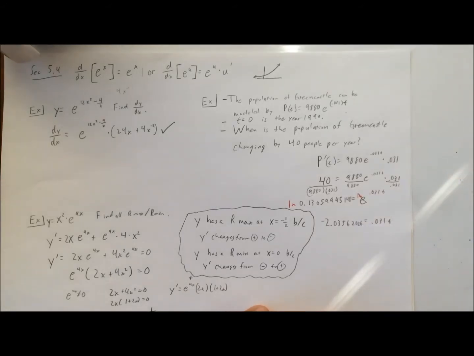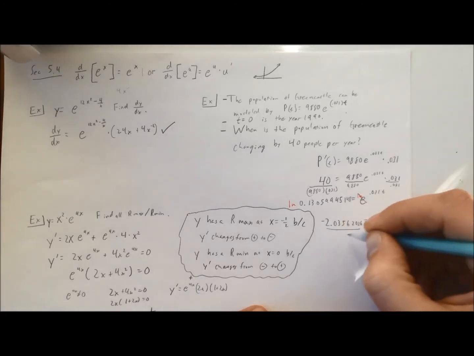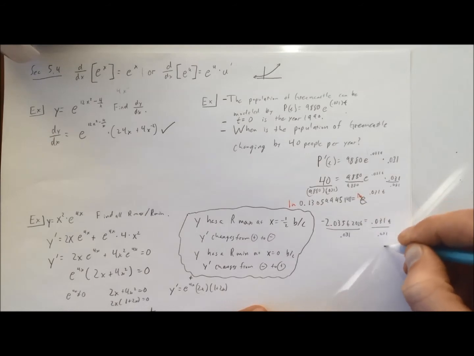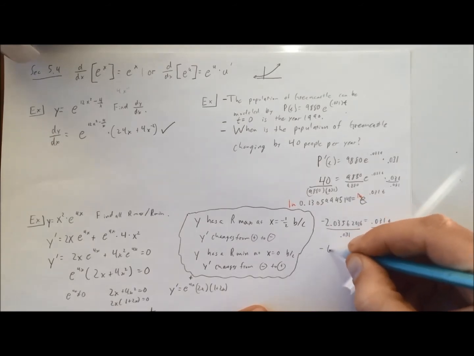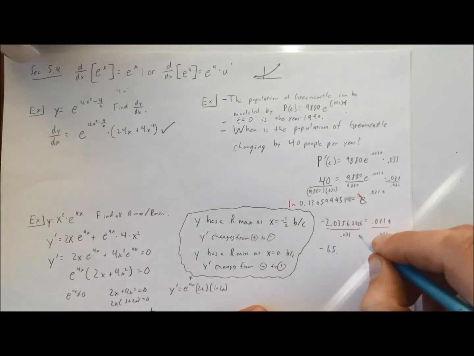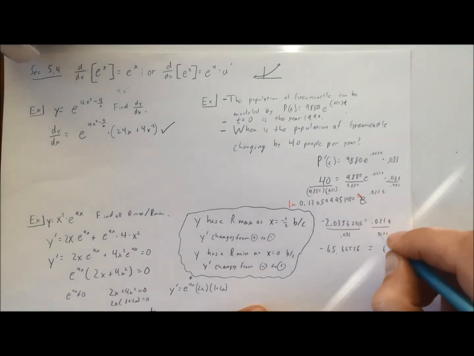And once I divide that by 0.031, I get negative 65.6651697.